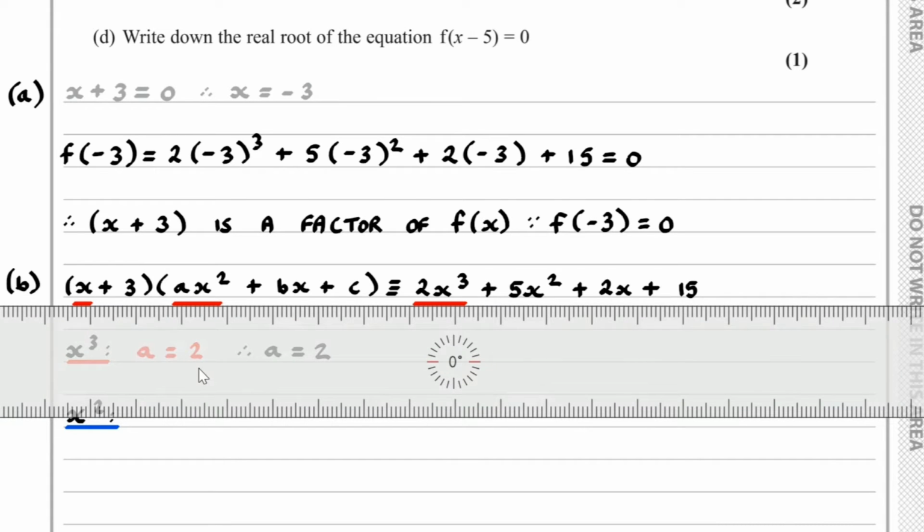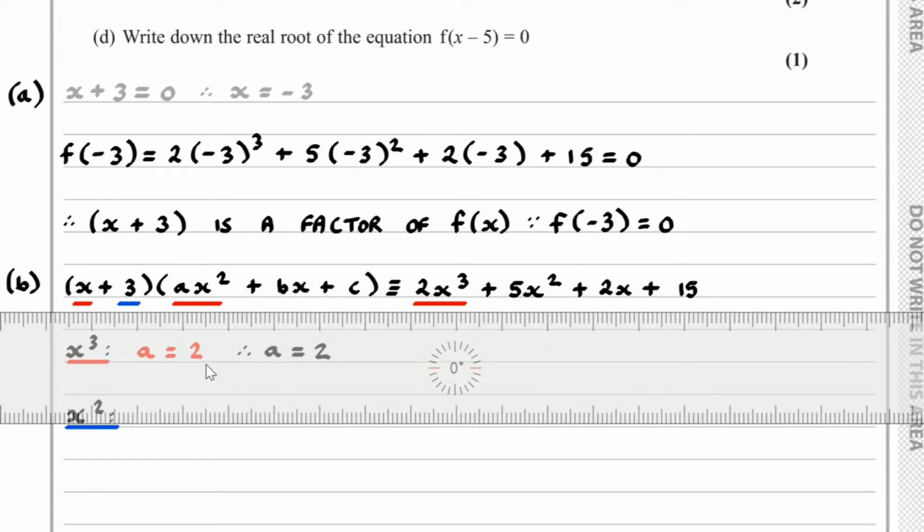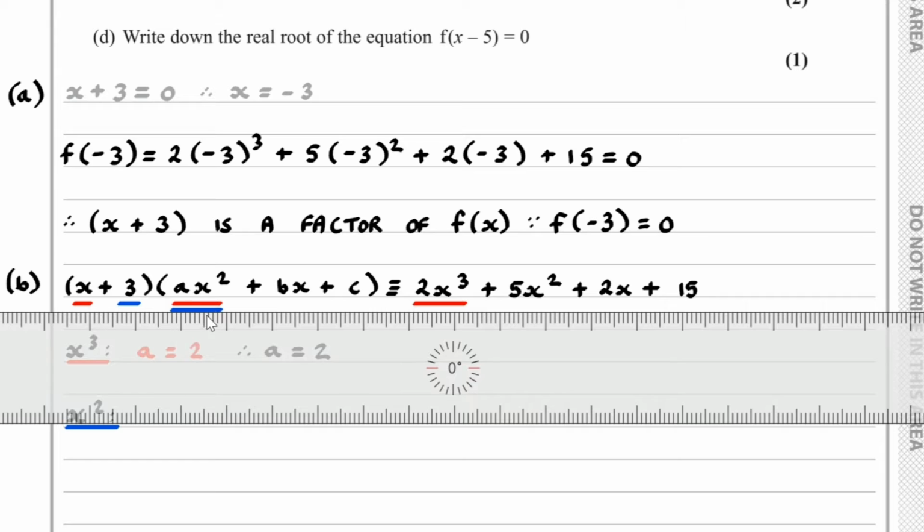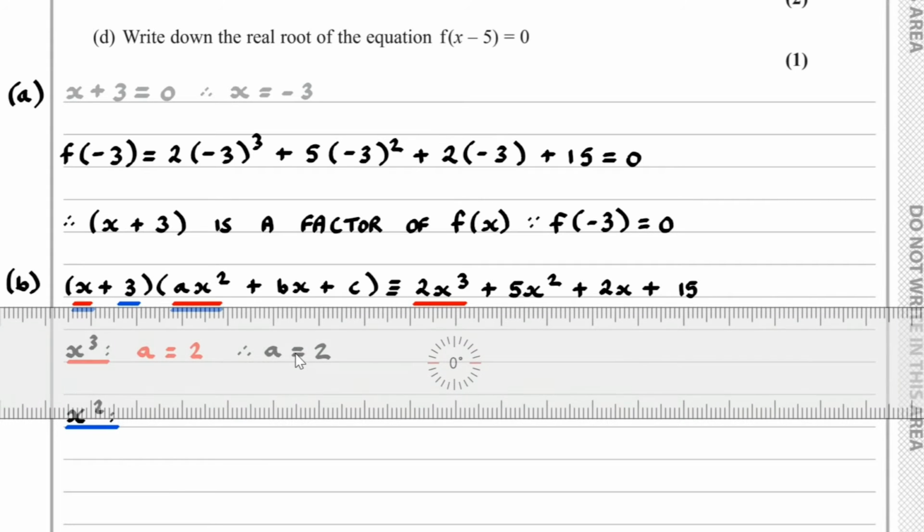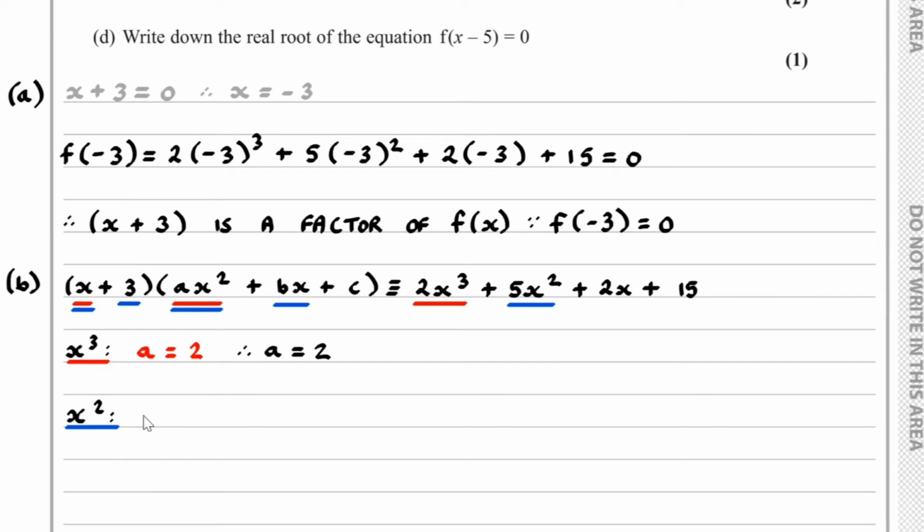Well, we have the 3 being multiplied by the ax squared, and we also have the x being multiplied by the bx, and that would give the 5x squared. So we have 3a plus b equals 5.